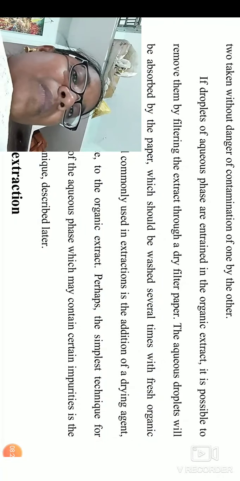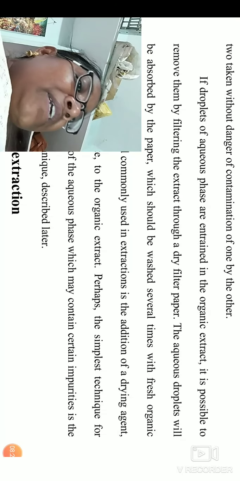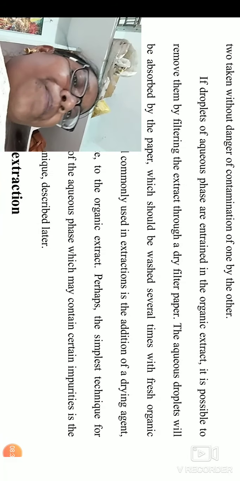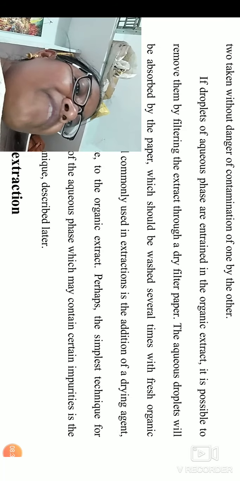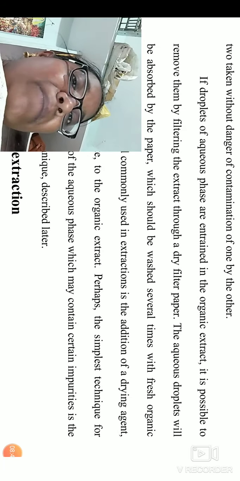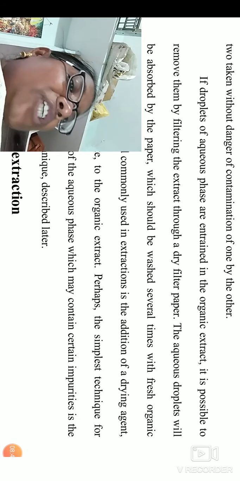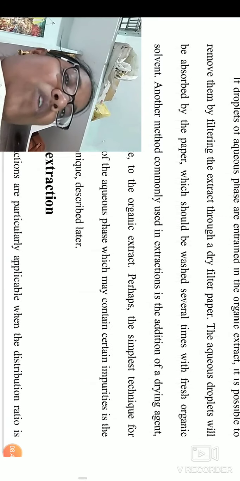If droplets of aqueous phase are contained in the organic extract, it is possible to remove them by filtering the extract through a dry filter paper. The aqueous droplets will be absorbed by the paper, which should be washed several times with fresh organic solvent.